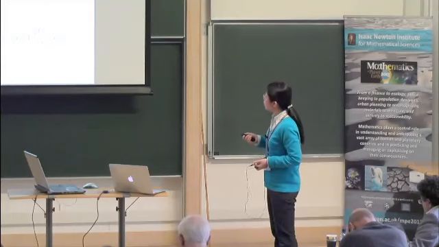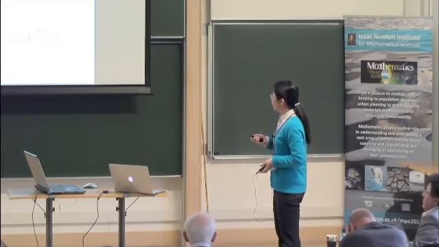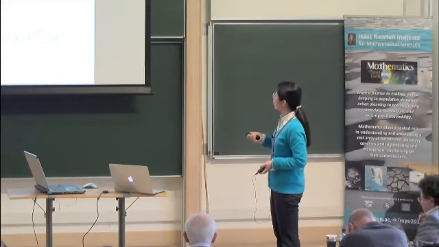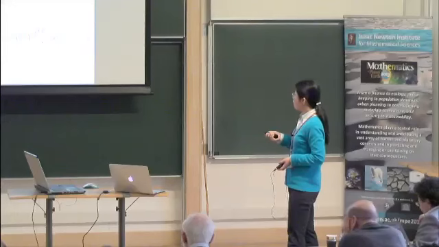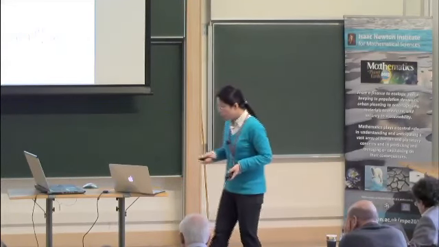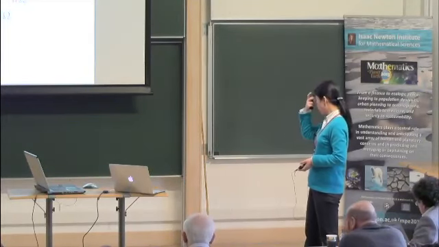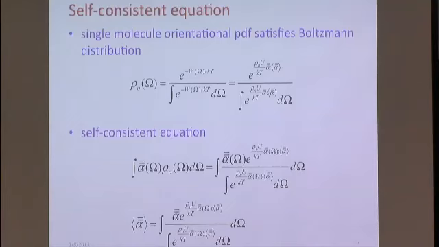So this alpha is really the polarizability tensor. If we take all the molecules to be equivalent, then the single molecule potential simply takes this form. After we have the single molecule potential, in the thermodynamic limit, the single molecule orientational distribution function satisfies the Boltzmann distribution, and then you plug in the omega from the last page and get this simple form.